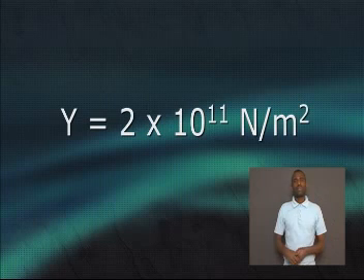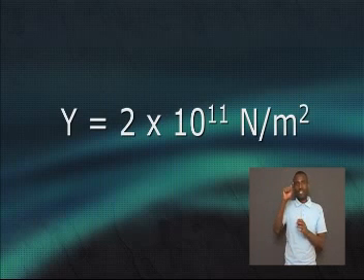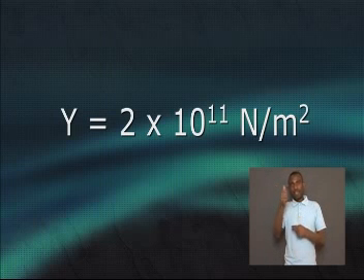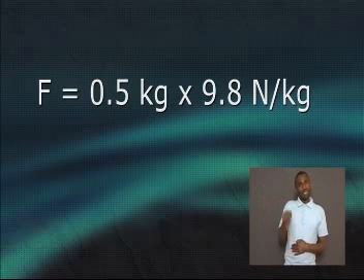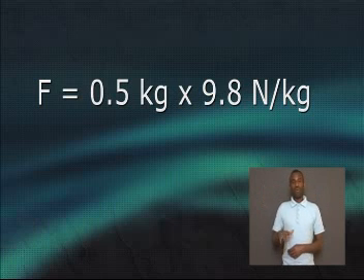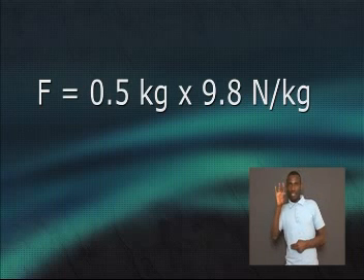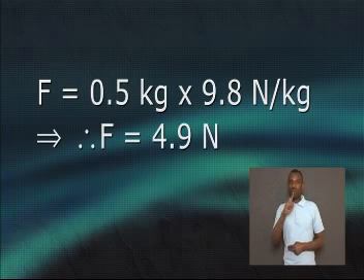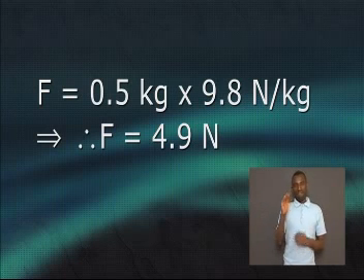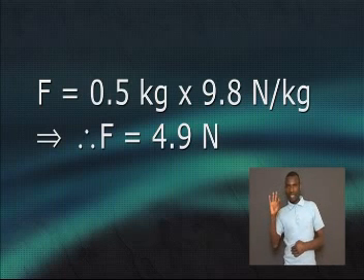The Young's modulus of steel in this example is 2 times 10^11. For this equation, F is the weight of the 500-gram load, which is half a kilogram times 9.8 newtons per kilogram. This means that F equals 4.9 newtons.